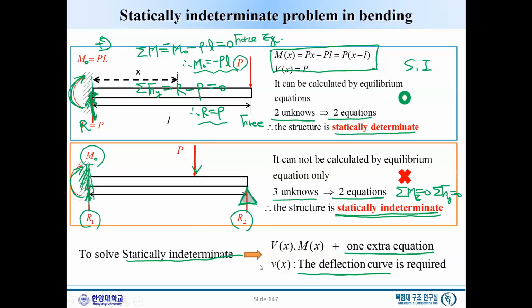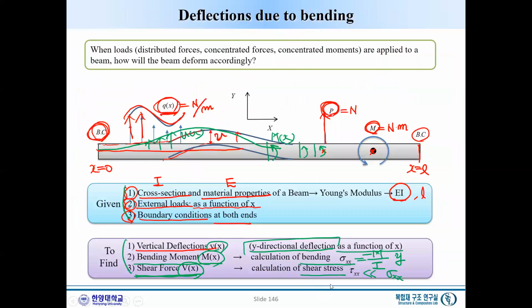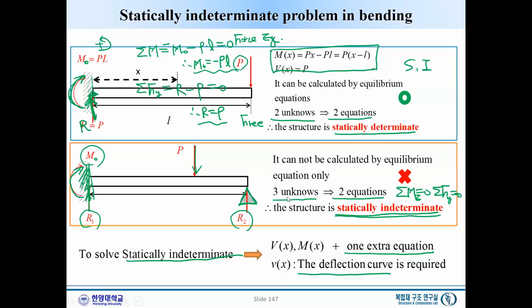And once we have this, we can calculate all the stresses at every cross section, and we can see whether this beam fails or not. Once we have the stress and we compare it with the strength, or use the failure criterion, we can determine whether a beam fails or not.